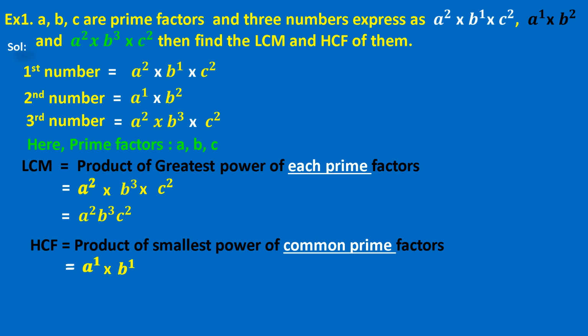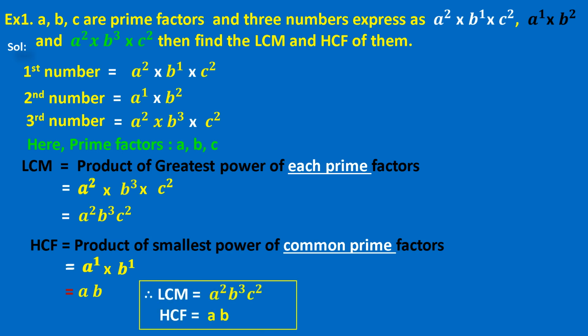So here in first number c square, in second number it does not have a c factor, and in third number c square. So c is a common factor for only two numbers, not three numbers. So we do not take c as a common factor. So that's why the HCF is only a to the power of 1 into b to the power of 1. So now finally we get ab.